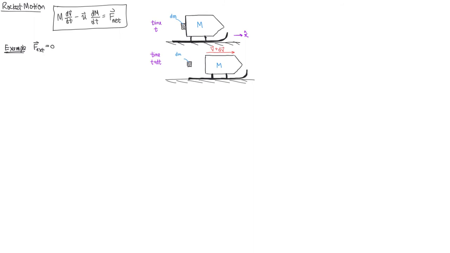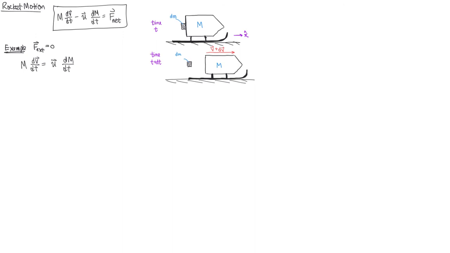So we can say that the rocket equation will simplify because there's no net external force. And if there's no net external force, then the first term will equal the second term, so that when they're subtracted from each other, they equal 0. So we're left with M dv/dt is equal to u dM/dt, like so. Okay. So the rocket speeds up to the right at the expense of expelling fuel to the left. So we know that dv/dt is going to end up a positive quantity, and we know that u is going to be pointing to the left.